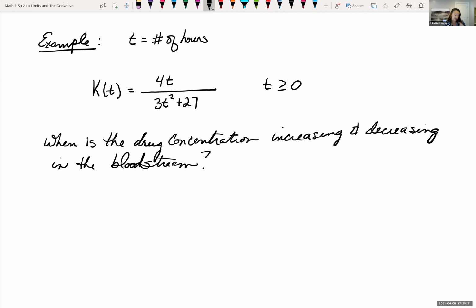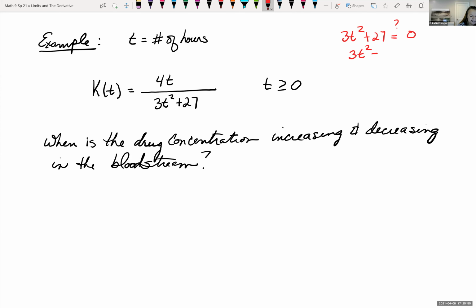Okay, so if I look at this function, I have to be careful. I can't have any values of T which set my denominator equal to 0. I notice, though, and if you don't see it, you can always set that equal to 0, that it's never going to be 0. But let's just show really quick. I'm looking at when 3T squared plus 27 equals 0. I can try to factor that, I can use the quadratic formula, but actually here I can use the square root method, which I think is the fastest.